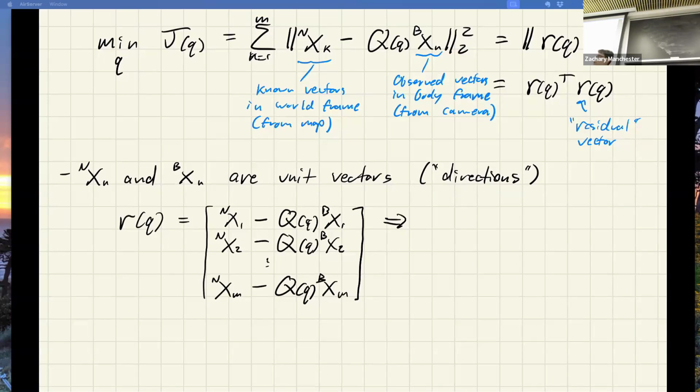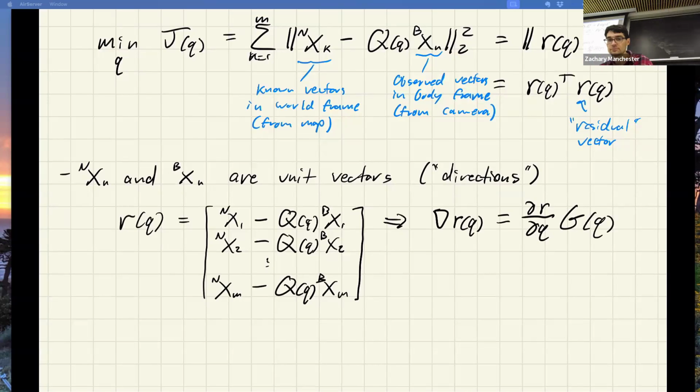So to get there, we need the Jacobian of the residual vector. So let's do that. We want this, what we're going to call del r. We're going to differentiate with respect to q as if q were just a vector, and then we're going to tack on this Jacobian.